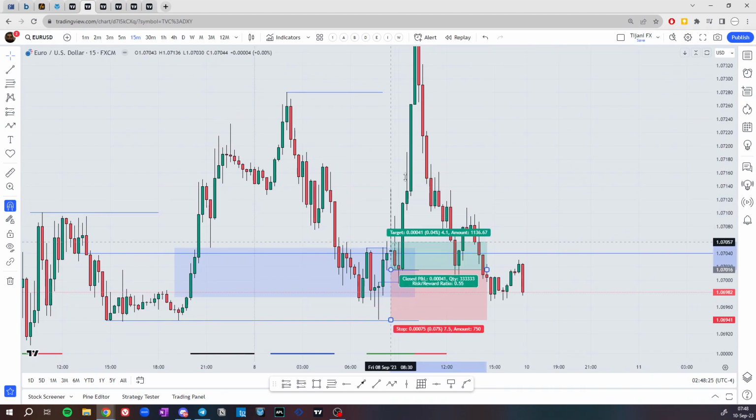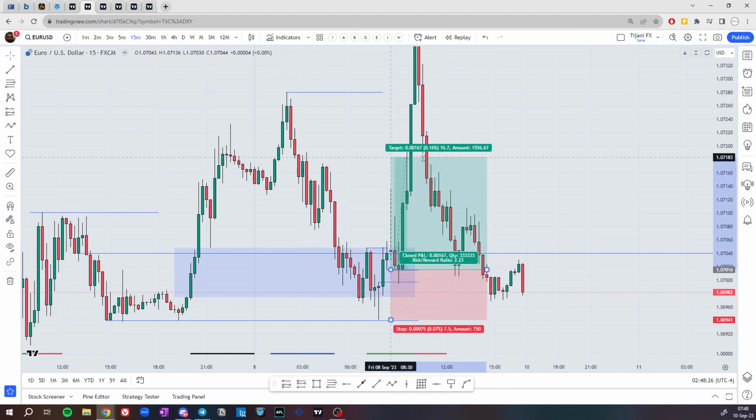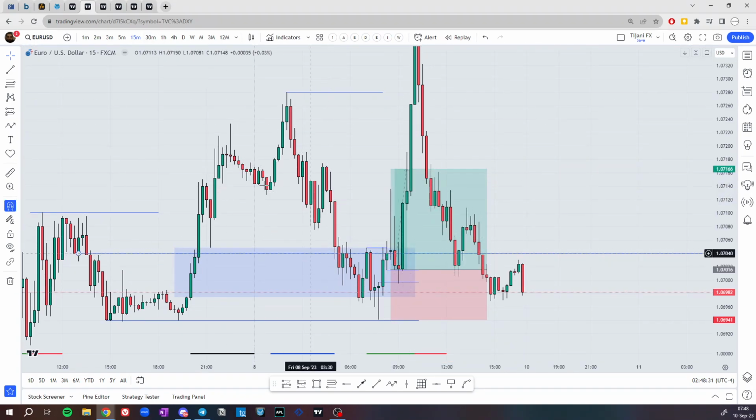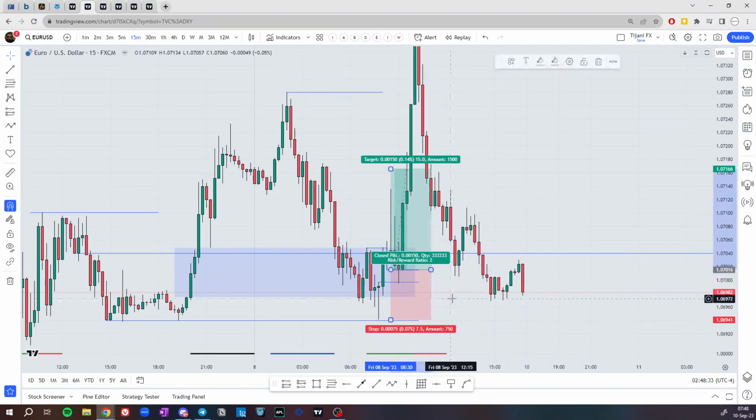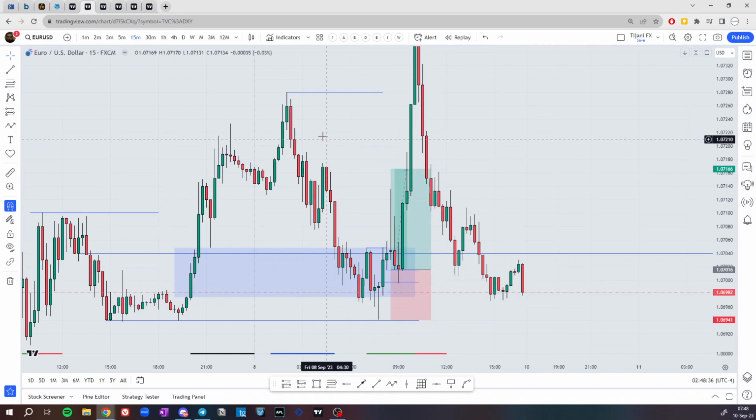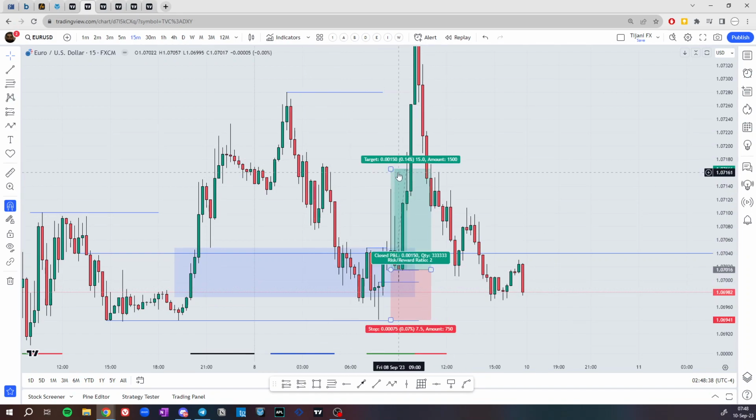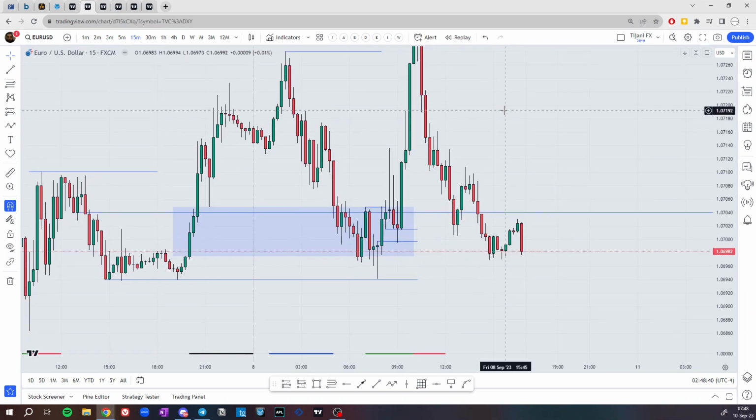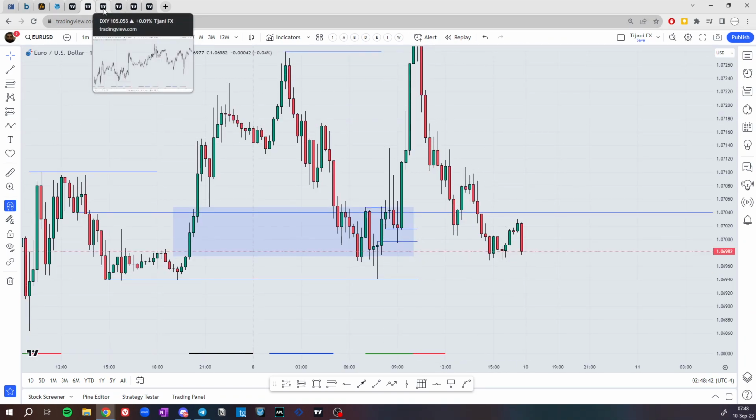And as you see, I'm going to target 1 to 2 right here, and that's it for me. But if you are targeting higher levels, it is better for you to take partials. For me, I don't take any partial when I target 1 to 2.